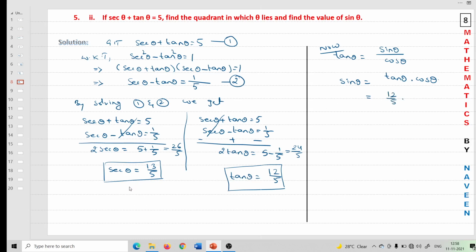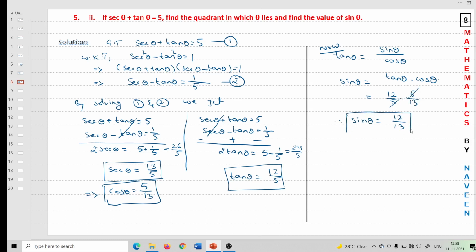From secant theta we can write cos theta. So what is cos theta? 5 by 13, because they are reciprocals of each other, right? So here cos theta value is 5 by 13. So these two get cancelled. Therefore sin theta value is 12 by 13.